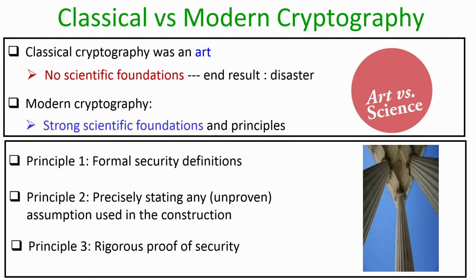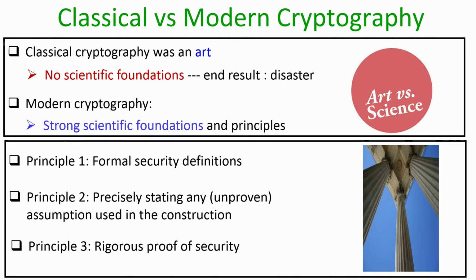Principle 2 states that once we have the definition and proceed to construct a primitive which satisfies it, we should precisely state any unproven assumption which we are using in our construction. Looking ahead, we will see in this course that all the crypto primitives we are going to design will have their security based on some unproven hardness assumptions.